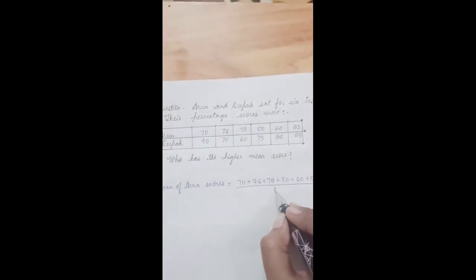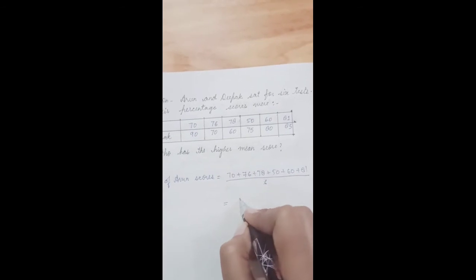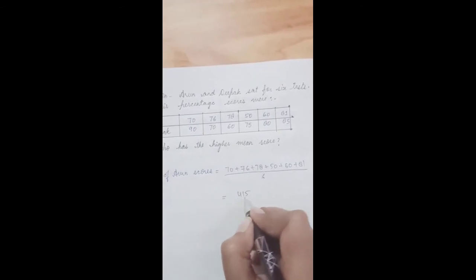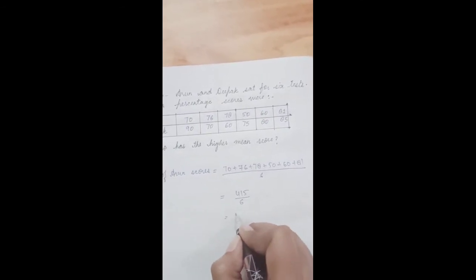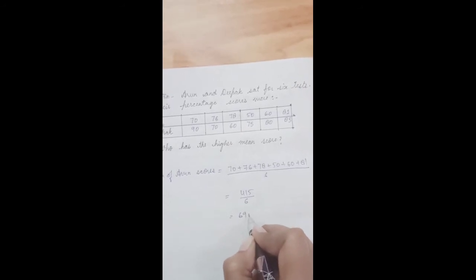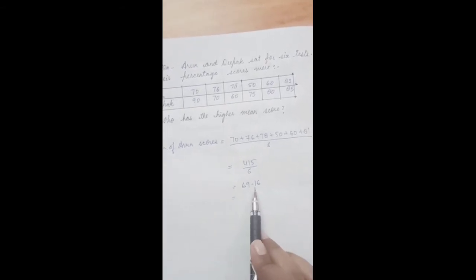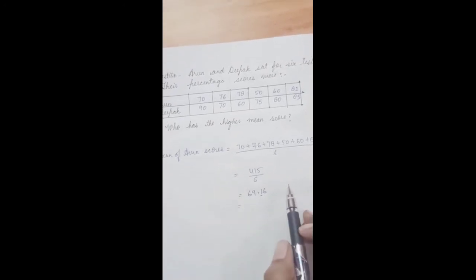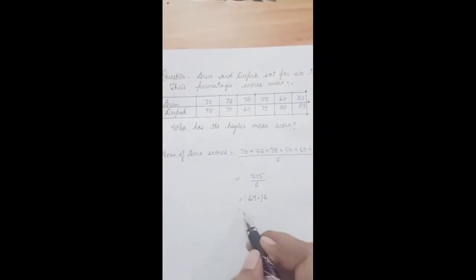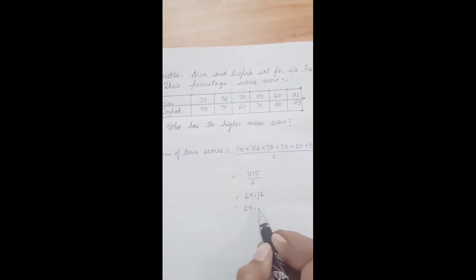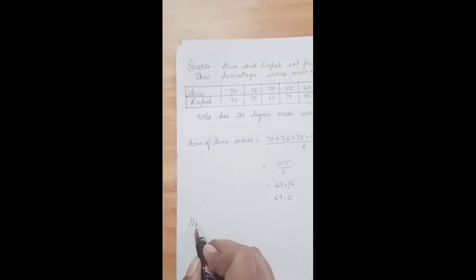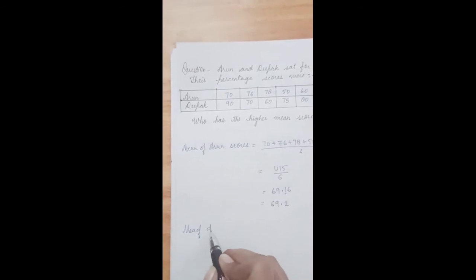So we write 6 here. So here we get 415 divided by 6. So here you will get 69.16. Now we round off to one decimal place. So here we get 69.2.